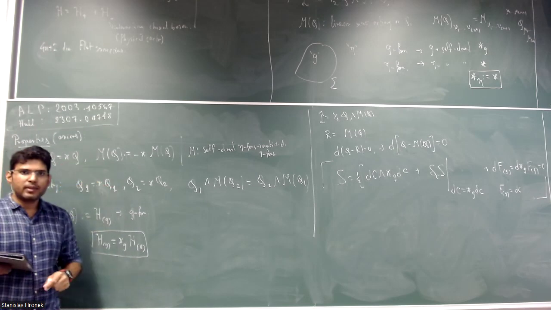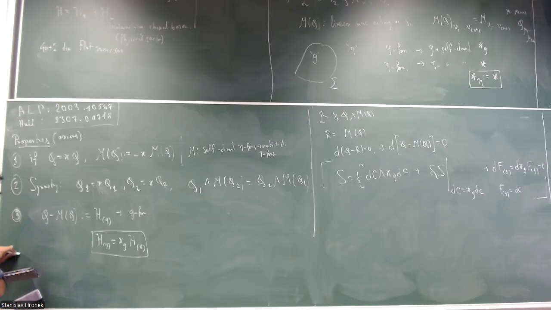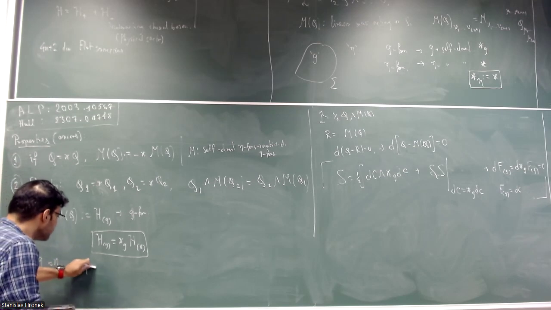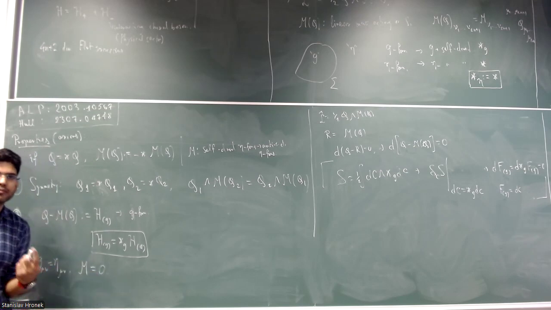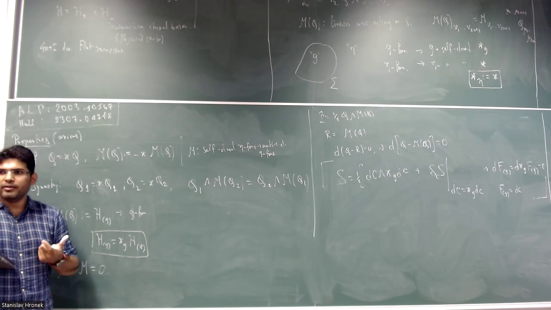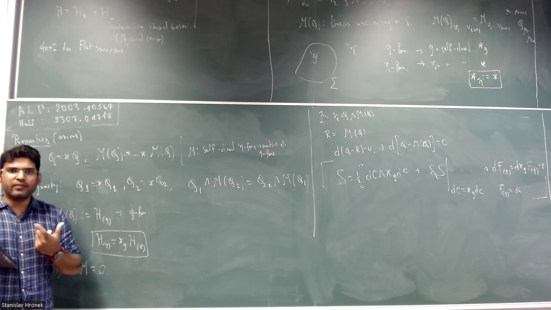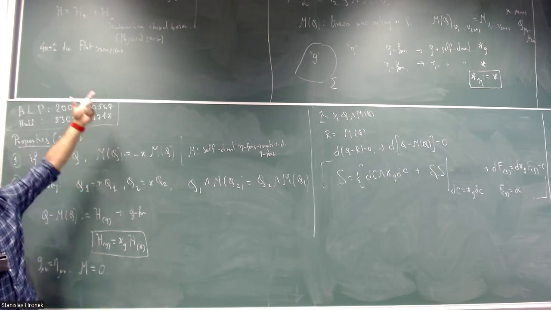Okay. And then there is a fourth and final property that we should reasonably expect: in a special case, when your physical metric is actually the flat space metric, then you want this M to be identically zero. Because when our physical metric was really the flat space metric, we didn't need any of this, right?